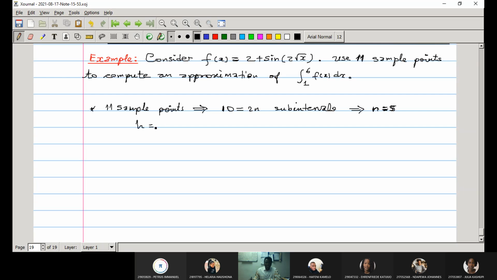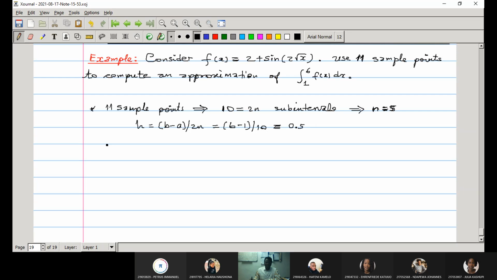So h is (b minus a) by 2n, which is 10. So that will be 5. So 6 minus 1 by 10, which is 0.5, right? Because this will be 5 by 10, which is 1 by 2, which is 0.5.